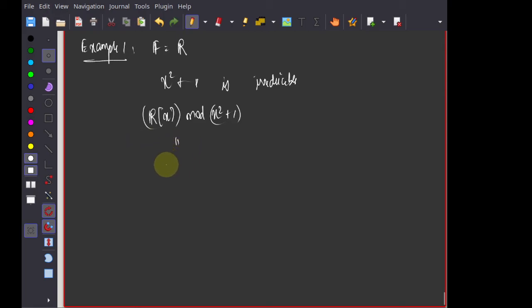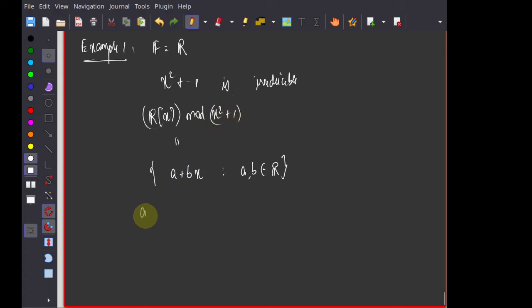What degrees will the polynomials have? They're all degree 0 and 1 polynomials. So it is of the form a plus b times x for a and b in R, correct? How is addition defined over here? So it's addition mod x square plus 1.